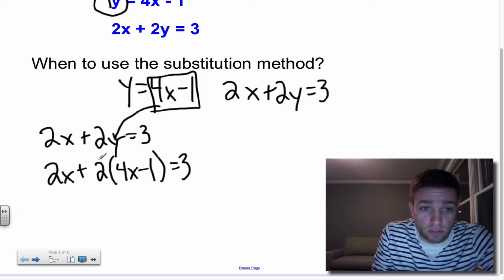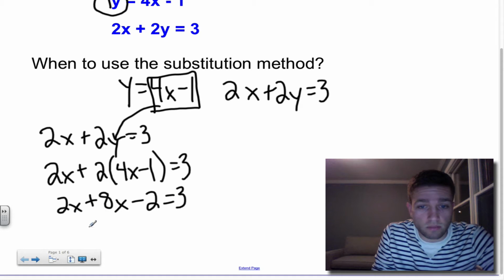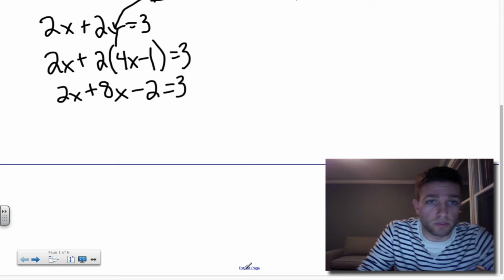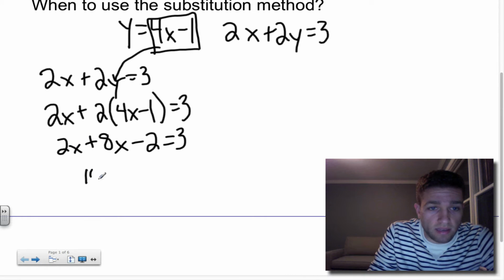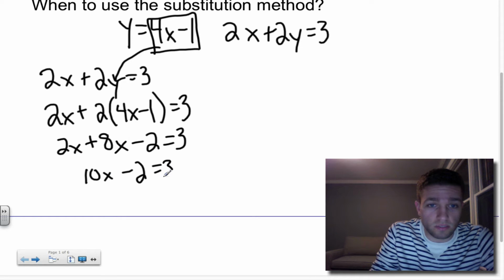So I'm going to distribute first. This is going to be 2x plus 2 times 4x is 8x, and 2 times minus 1 is minus 2 equals 3. I'm going to combine like terms. This is going to be 10x, because 2x plus 8x is 10x, minus 2 equals 3.